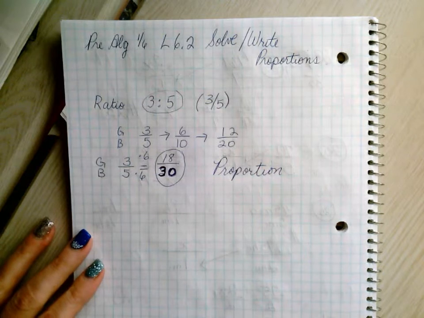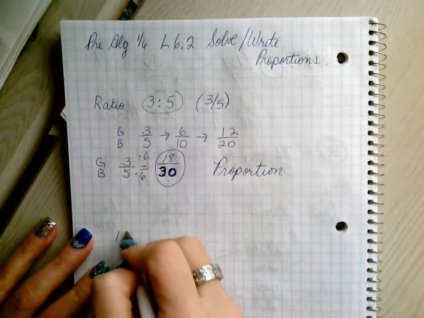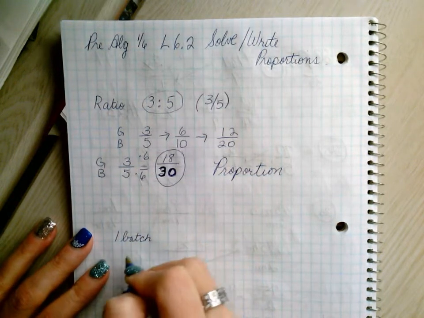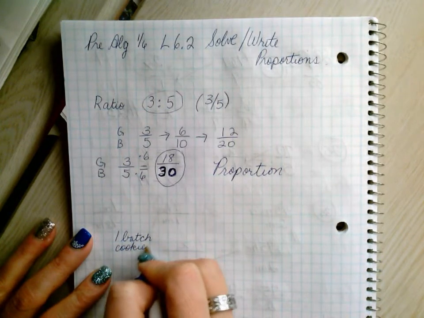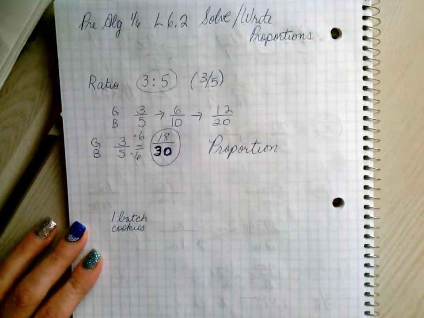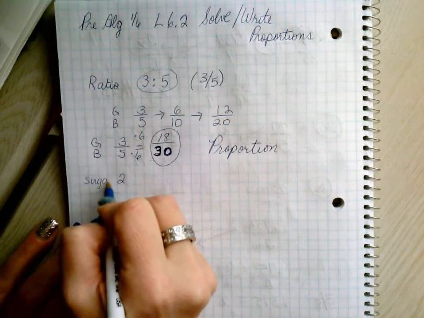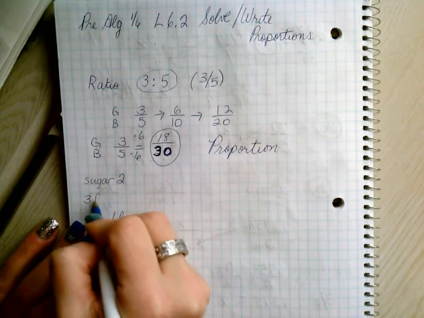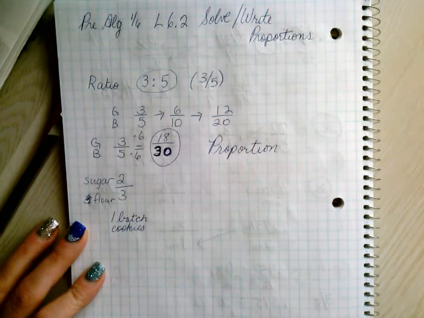So let's just say I have a recipe, and again, I'm totally making this up, for 1 batch of cookies, and it calls for 2 sugar and 3 flour. 2 sugar, 3 flour.